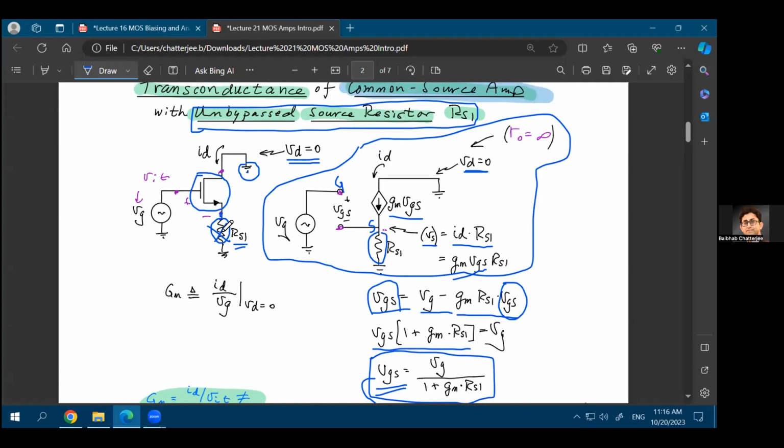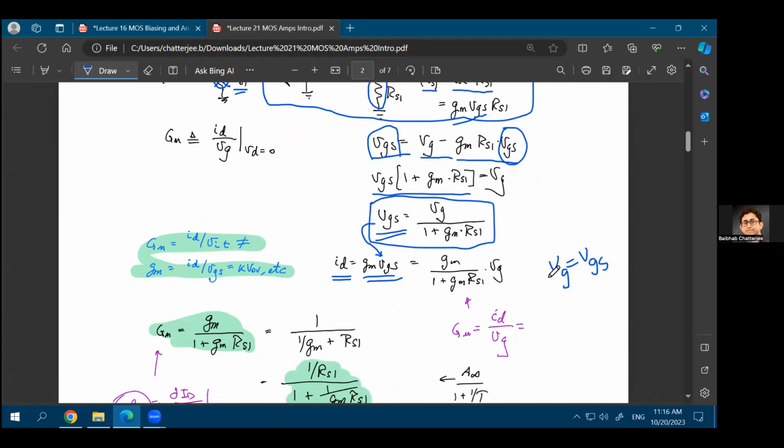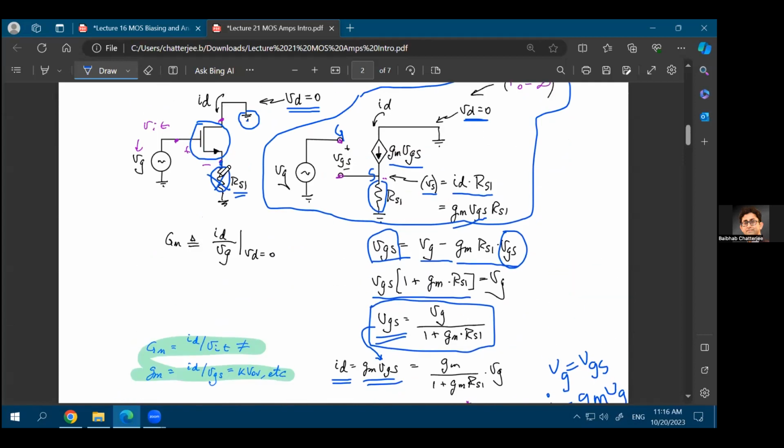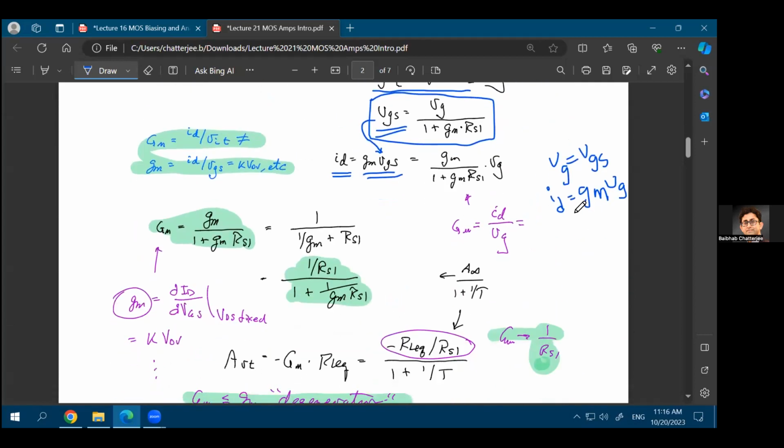So VG will be equal to VGS, and the current through the device, ID, will be equal to GM times VGS, or you can write it as GM times VG. That would have been the current through the device if there were no degeneration resistance.